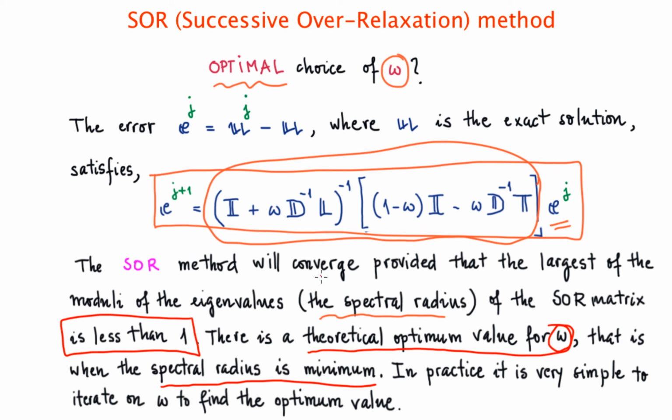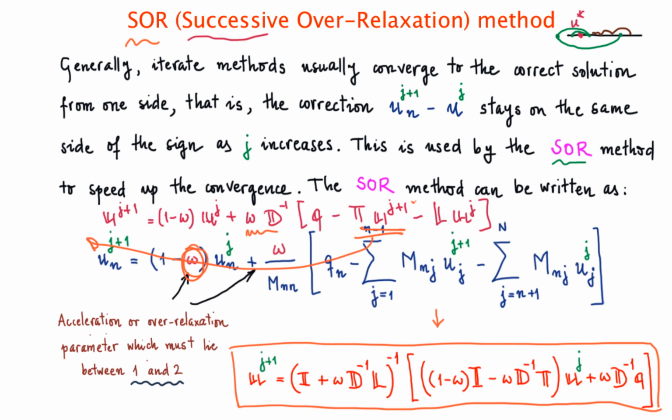This is the omega that we should use in this SOR method in order to have the optimal iteration procedure. But otherwise, if you have not obtained this optimum omega, you can try different omegas and see which one is the fastest when this SOR method is applied.